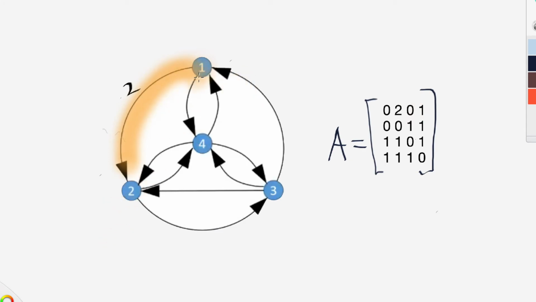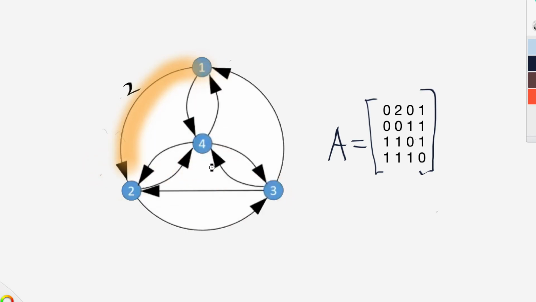An example would be 1 to 2, 2 to 3, 3 to 4, and 4 to 1. This is a full cycle cover, and note that a Hamiltonian cycle is also a cycle cover, but cycle covers need not always be full.